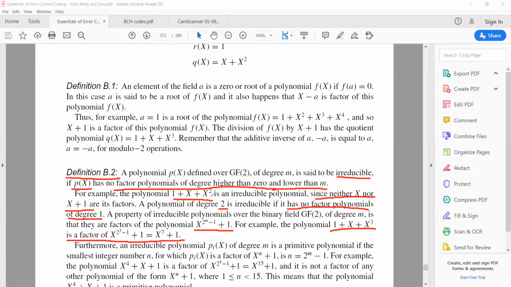So this is the concept of irreducible polynomial, and also the factorization of the polynomials in the GF field, that means Galois field. So these are the factors. 1 plus x cubed is a factor of x to the power 7 plus 1.